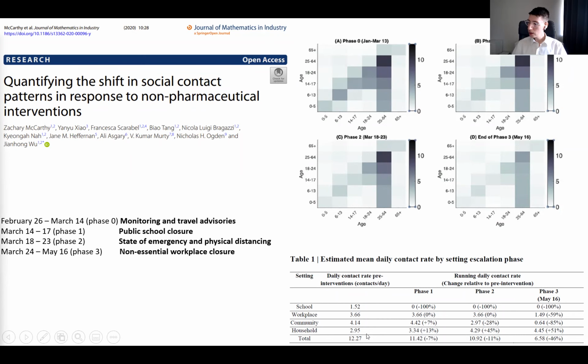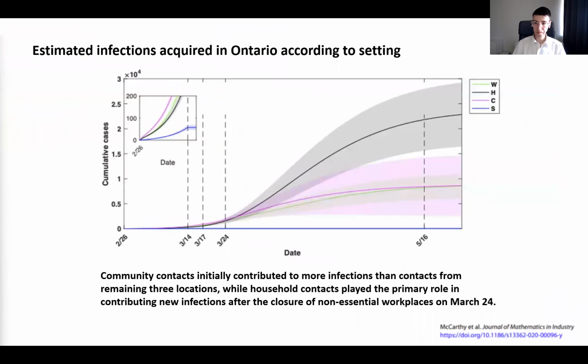We'll see that the total contacts, the jargon here is the mean connectivity, that's the average number of contacts per person in the population each day. So this was initially the pre-pandemic levels, over 12 per day, to, on May 16th, an estimated 6.5. So a substantial drop, and this was enough to drive the control reproduction number below 1.